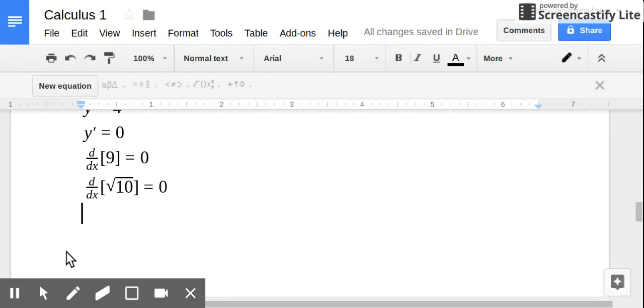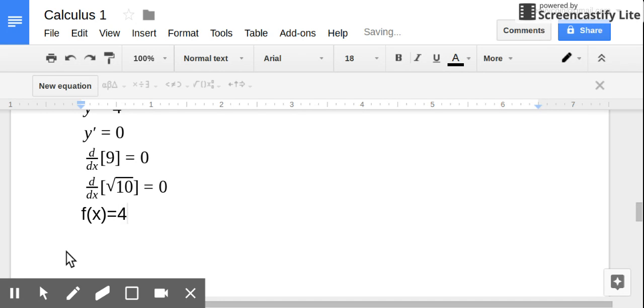What if you were asked, this is kind of one of those problems, you're asked to find the tangent line at a given point. For example, this would be like a typical problem on a test.